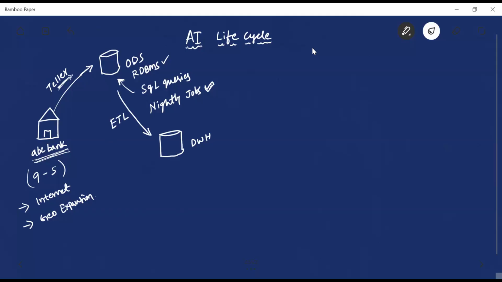That means extract the data from your operational data stores, transform your data, and then push the data into warehousing stores. So this is called ETL processing, where the data gets extracted from your ODS tables, then transformed and pushed into your data warehousing tables.